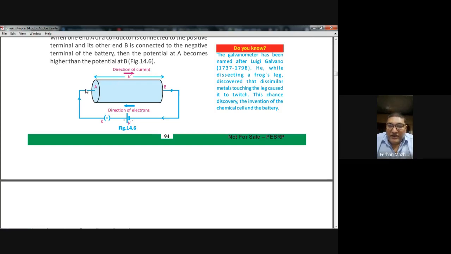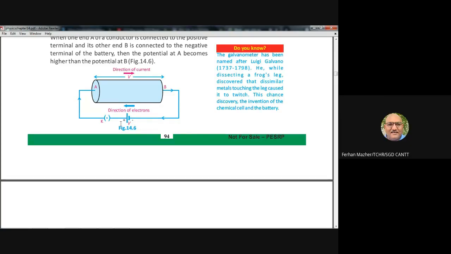One key idea which you should always remember. Just to understand this idea, take this example.